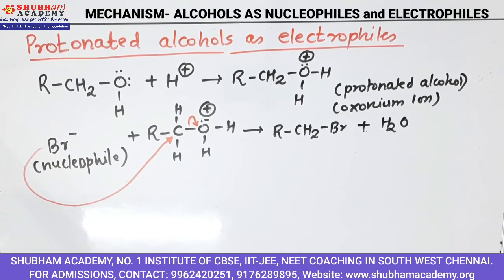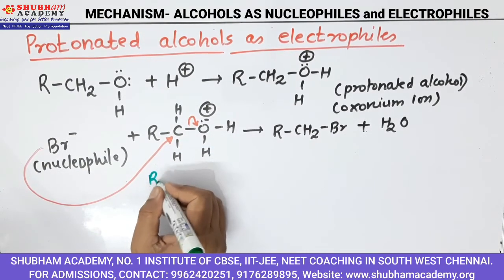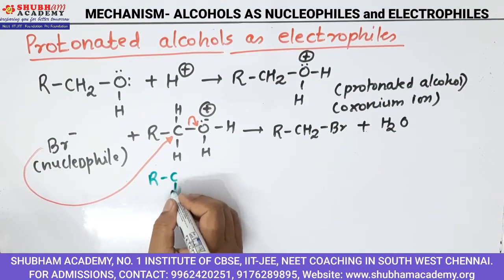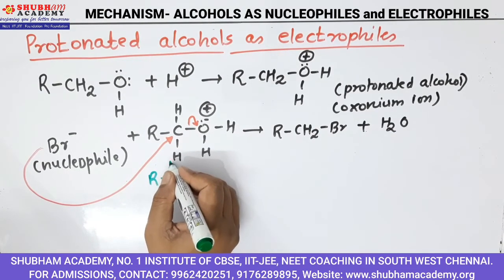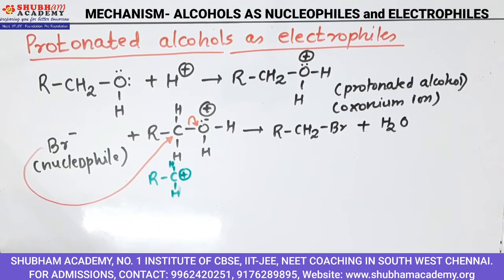I will write here the intermediate what we are getting here. See, here you will get RCH2 and here you will get a positive charge, right. So this Br minus attacks this positive charge and you get alkyl bromide, okay, right.